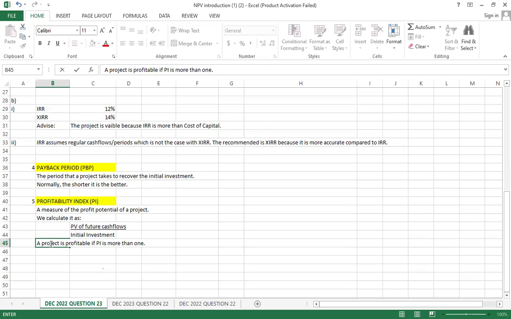So if the profitability index is more than what? One. Now, ladies and gentlemen, for that reason, I will introduce you to the next question, which is in the same Excel which I sent.